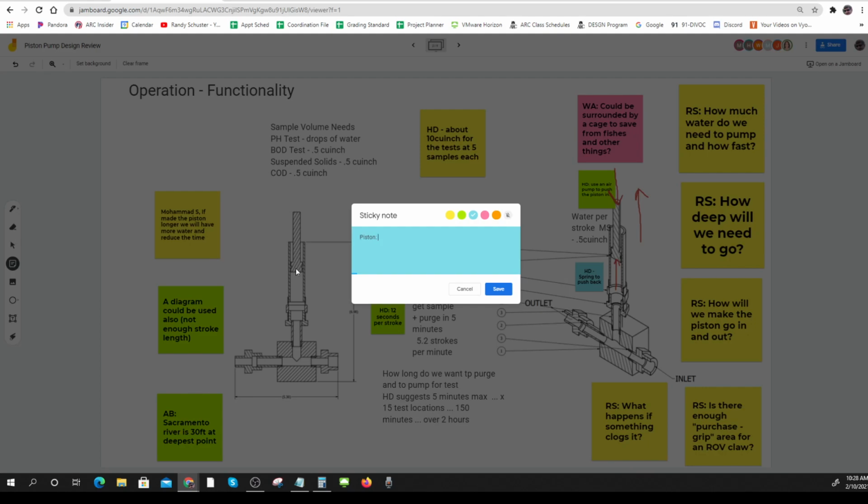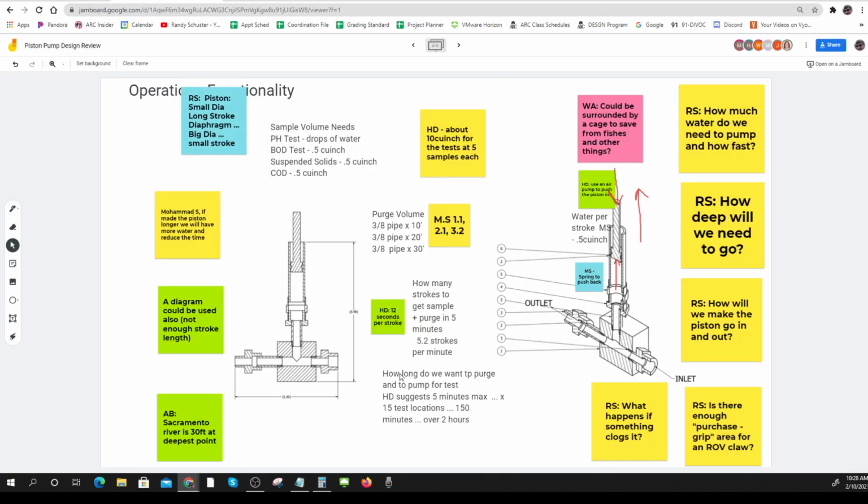Piston, small diameter, long stroke. And diaphragm, big diameter, small stroke. And there's nothing wrong with either one. It's just, how do you want to do the design?